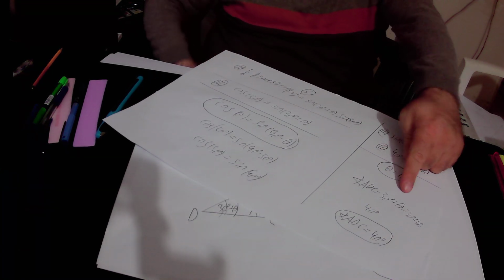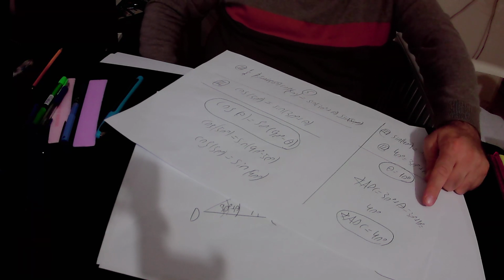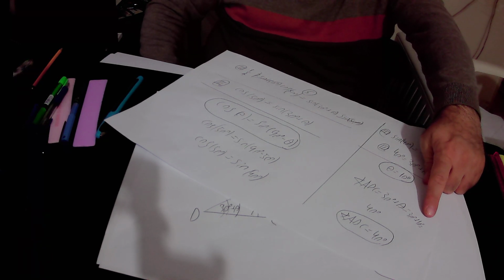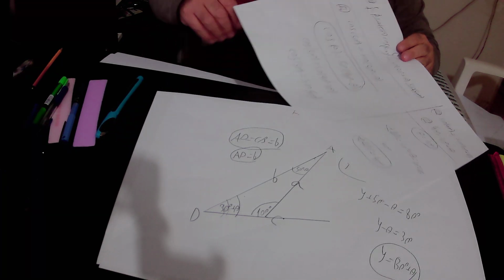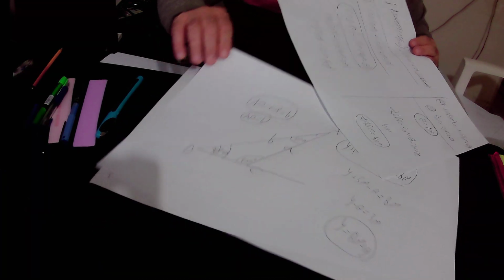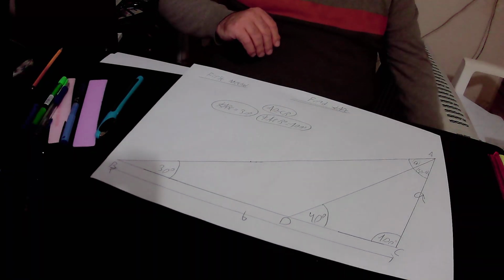Since theta equals 10 degrees, angle ADC equals 30 degrees plus 10 degrees. That is to say, angle ADC equals 40 degrees. So we found out that according to method 1, the first method, the angle equals 40 degrees.